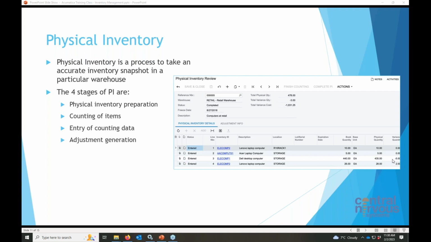That will add some complexity to the physical inventory, which we don't necessarily have the full time to review now. But if you have lot tracking enabled and need to reconcile quantities between lots, it's not just a quantity, it's also lot reconciliation, which plays further into traceability, particularly if you're in electronics or in food.